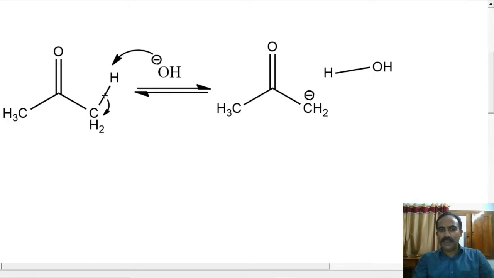Now in this case, both electrons are going to carbon. So carbon got an extra electron, carbon got hydrogen's electron too. So it will have a negative charge because it was neutral.